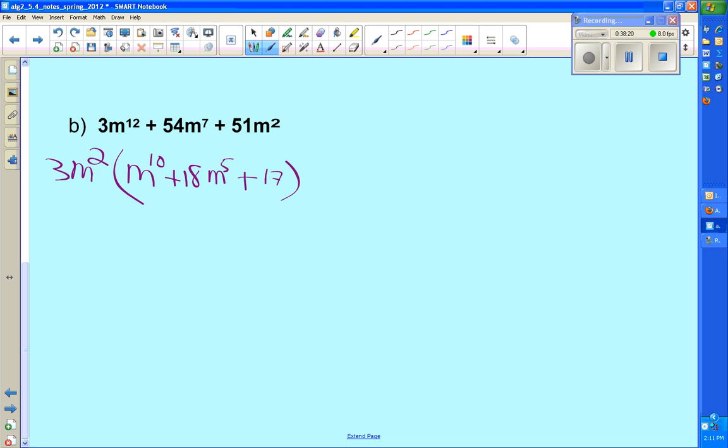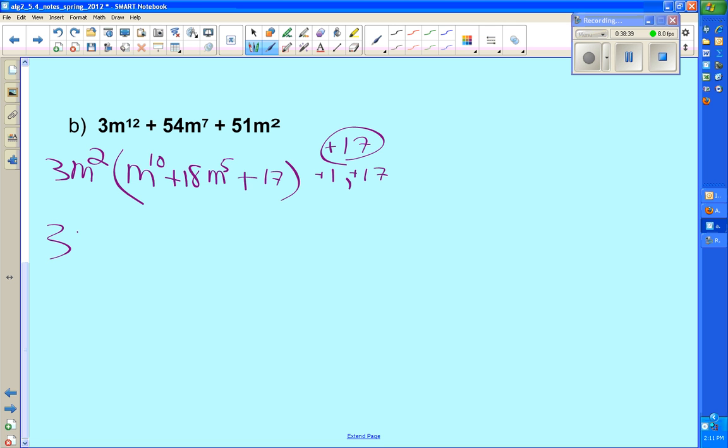And we factor by box method, diamond method, whatever. 1 times 17 is 17. Factors of 17 that add up to 18, this one's easy. 17 and 1. Both of them are going to be positive.